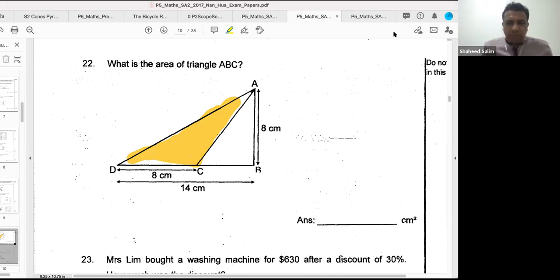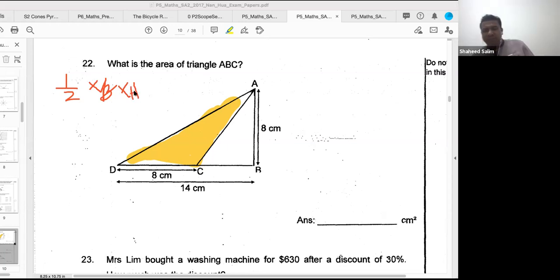Come on, those of you who have forgotten the formula: half times base times height. Come on, your base is here.